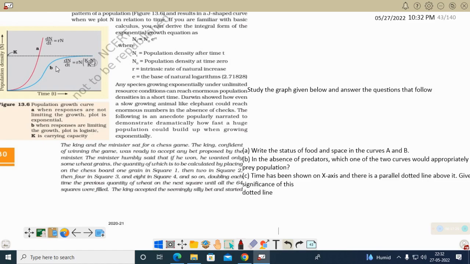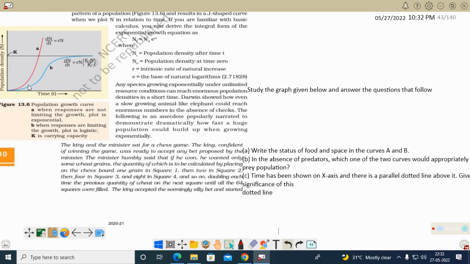So what happened there, they will starve for the food, and we can see at a particular level when it reaches, the nature has a carrying capacity. Even though they do not have predators, they will not be able to undergo large multiplication because of this carrying capacity of nature. So we will be able to see a sigmoid curve in the next case, because predator, when it is not present, prey population will be increased in an unlimited way, and nature will not be able to support them in an unlimited resources.